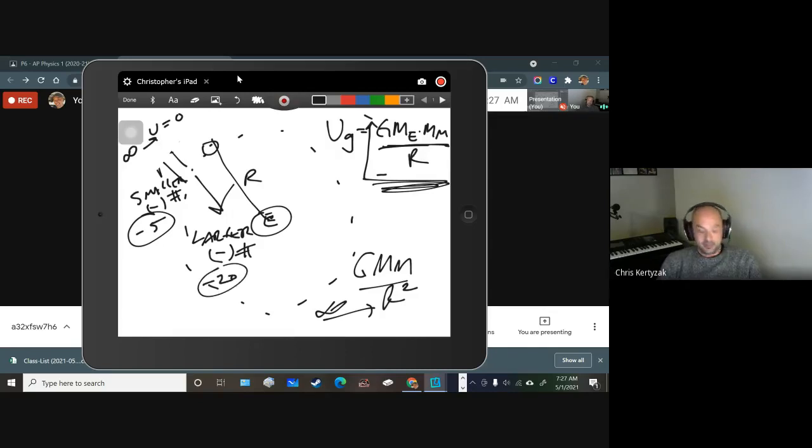If someone asked which is bigger, -5 joules or -20 joules, and this would be joules, of course, we're referencing energy, technically -5 is a bigger number. It's closer to 0, right? And so that means as we go further and further out, it becomes -4 joules, -3 joules, -2 joules, which is greater than the potential energy it has when it's really close.